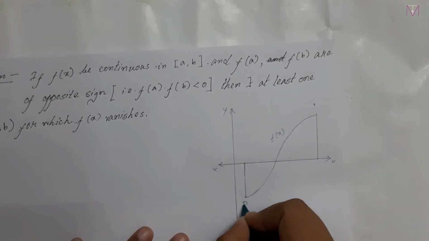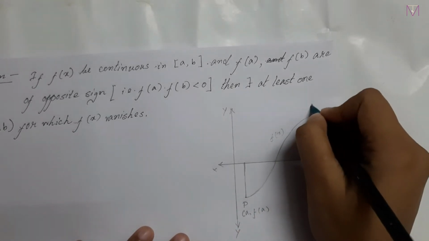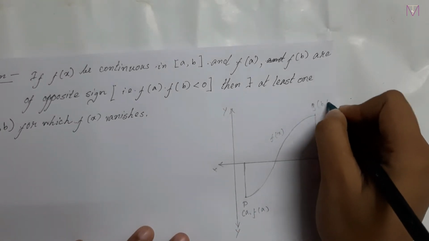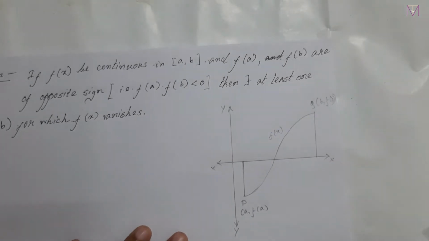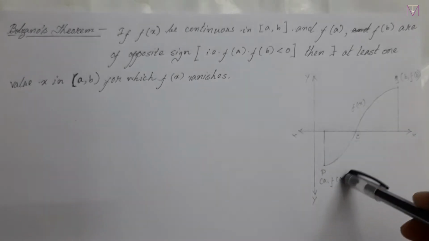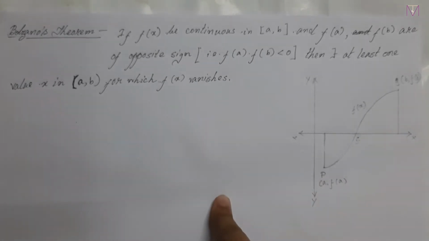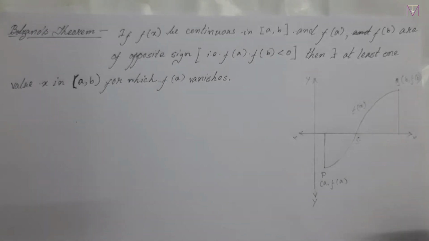Take this point as P (a, f(a)) and this Q (b, f(b)). First we have to just make the plot of this theorem from this graph. Then we will go to the main theorem.